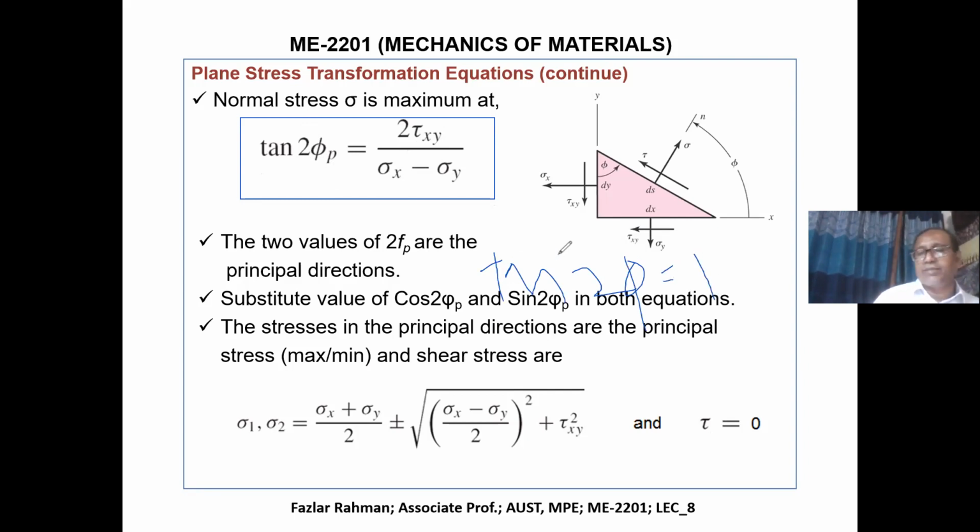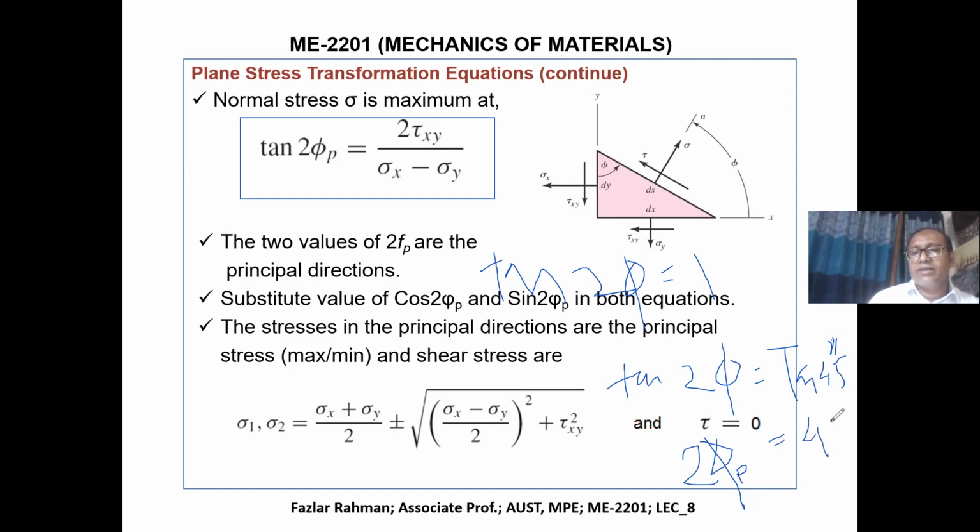Then how will you figure out the angle phi p? Tan 2 phi p equal to 1, so I can say tan 2 phi p equal to tan 45. Then 2 phi p equals 45 degree. Then you figure out phi p equal to 22.5, right?